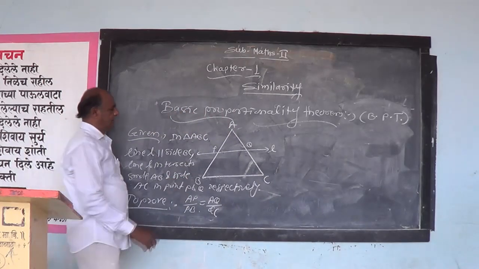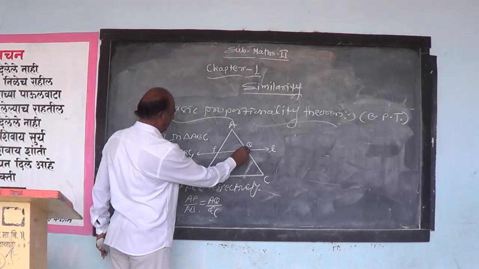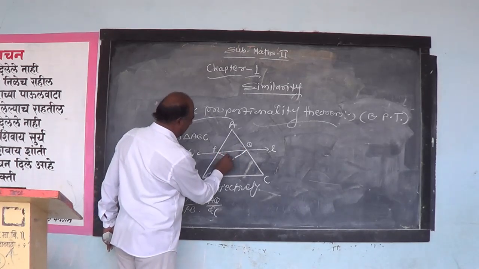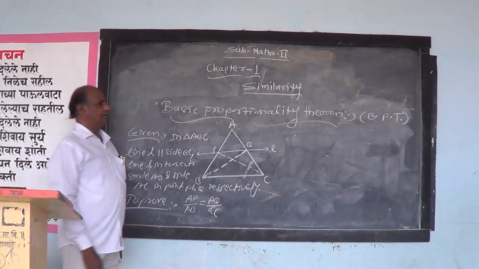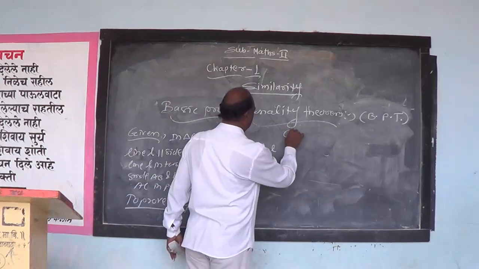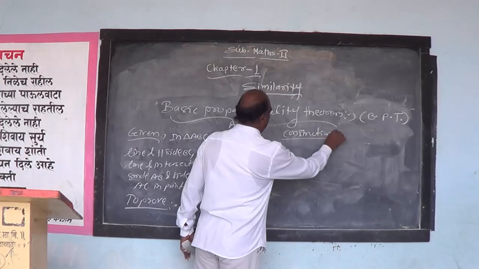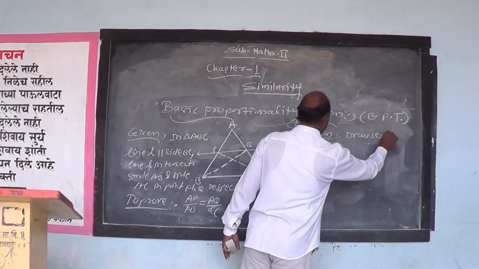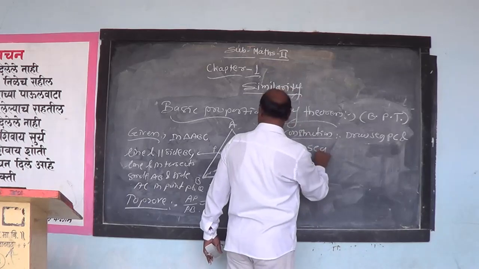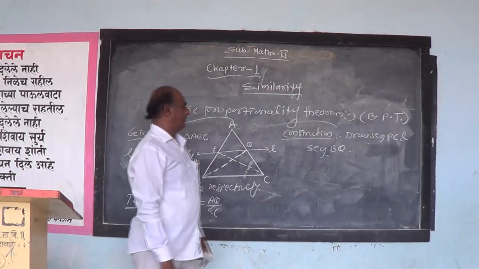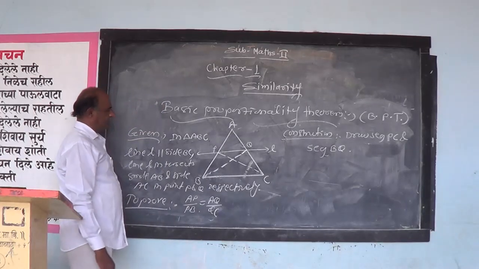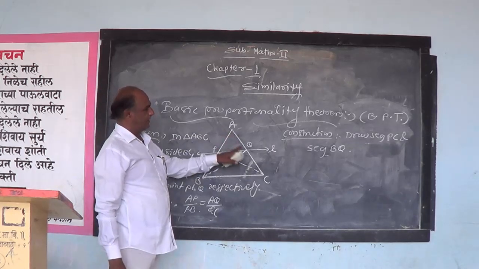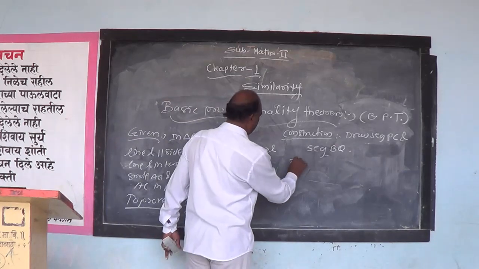Construction: join points B and Q, and points P and C. Draw segment PC and segment BQ. Then, as given in this figure, we consider the areas of triangles APQ, PQB, and so on. And then the proof is as follows.